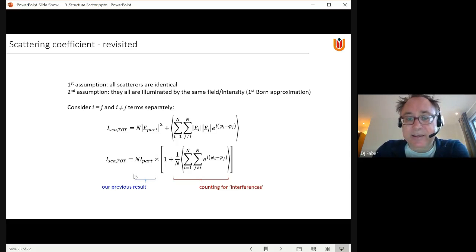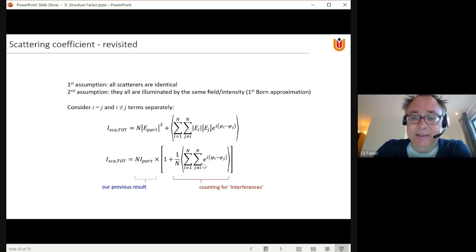So that means that we now have an expression for the total scattered intensity that is equal to our previous result: simply n times the scattered intensity from a single particle, and then times this new factor. This double sum term here is the term that accounts for the interferences.